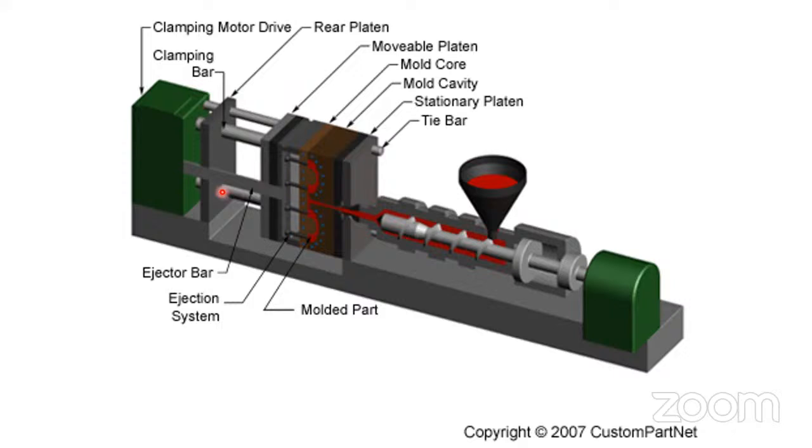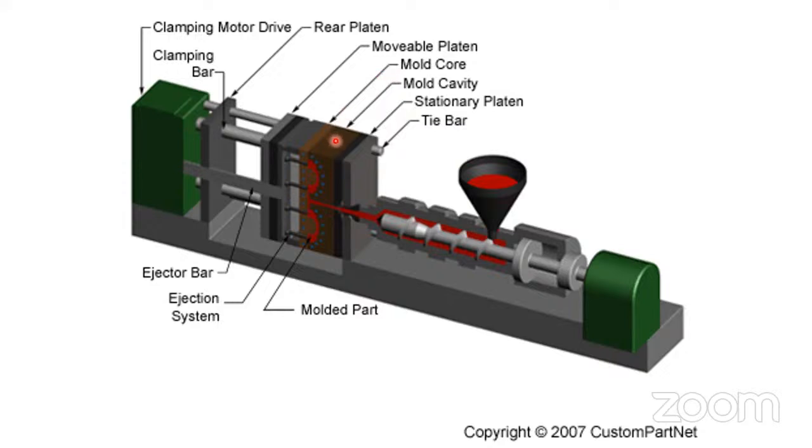There are four bars on which this movable platen moves from this place to this place. This is the rear platen. This is a movable platen, and this is a stationary platen. See, this is a three-dimensional view of the injection molding machine.